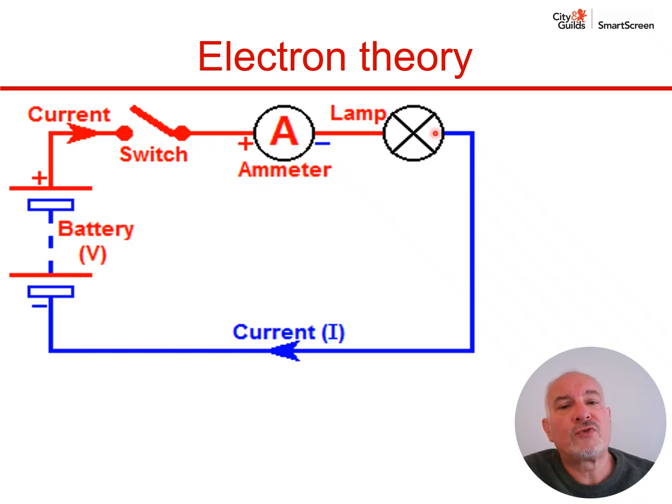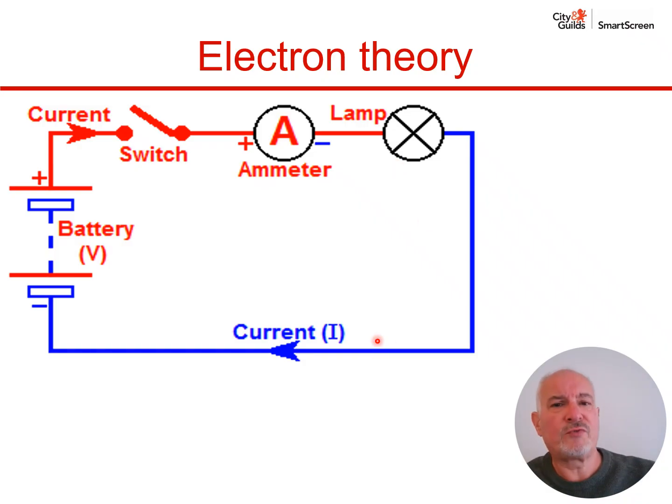And we have the symbol for a lamp. Now a lamp is sometimes called a light bulb, but the correct term is lamp. Electricians call light bulbs lamps. The one other thing that you will notice on the diagram is there's an arrow at the top there, an arrow at the bottom there, and it's showing a direction of current flow.